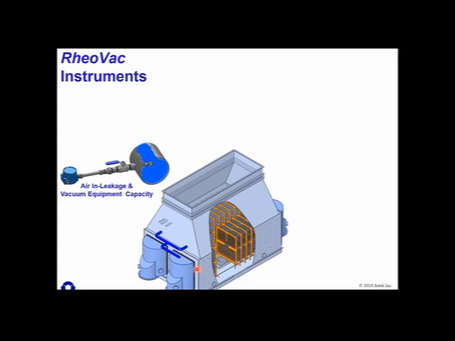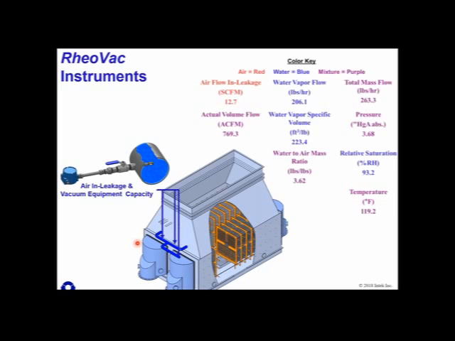This is the REAVAC instrument, which many of the attendees own. Again, this is a probe that gets installed through a ball valve assembly. It can be installed or extracted while online through a ball valve assembly and this sealed compression fitting gland. You can install one anywhere in this piping, in the common or individual offtakes. There are some advantages that we'll talk about tomorrow, but this is the REAVAC instrument for monitoring vacuum equipment capacity and air in-leakage.